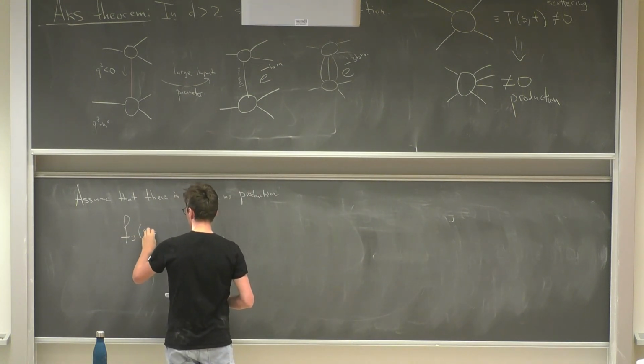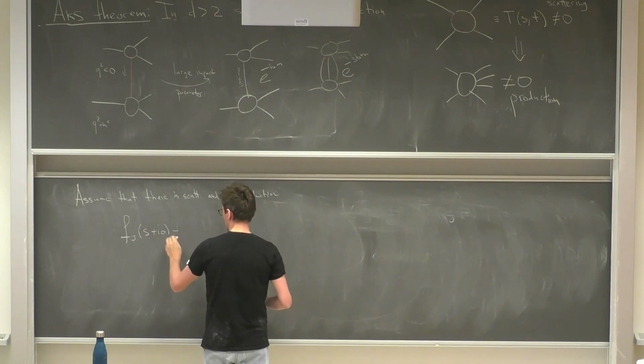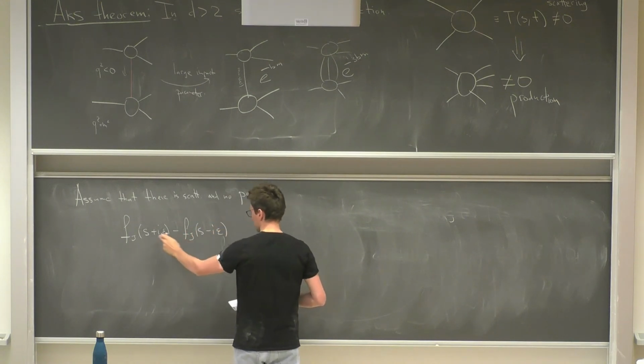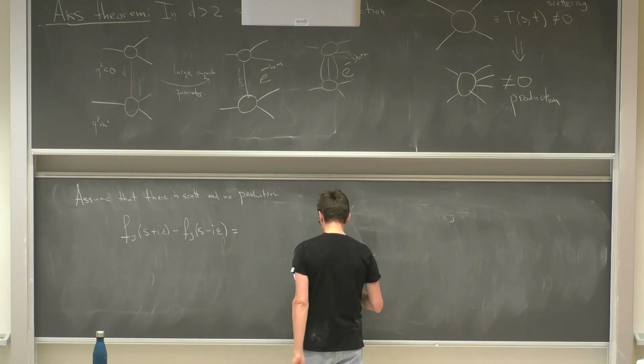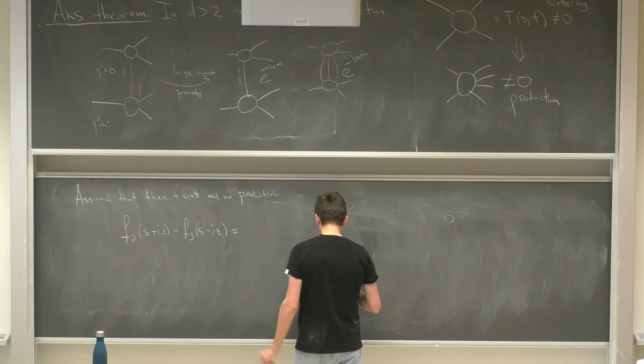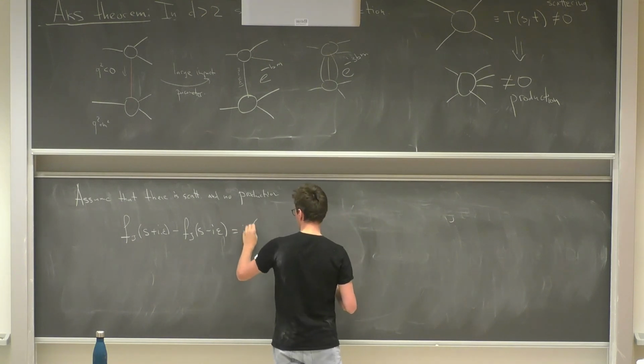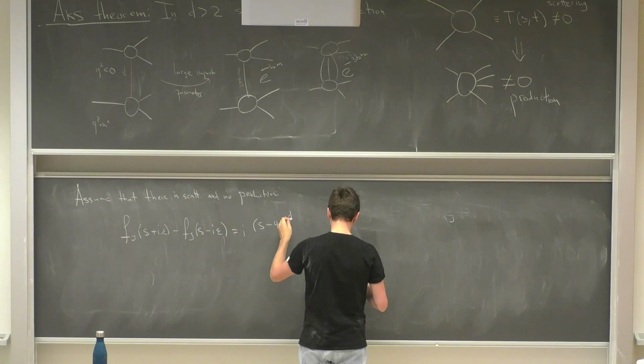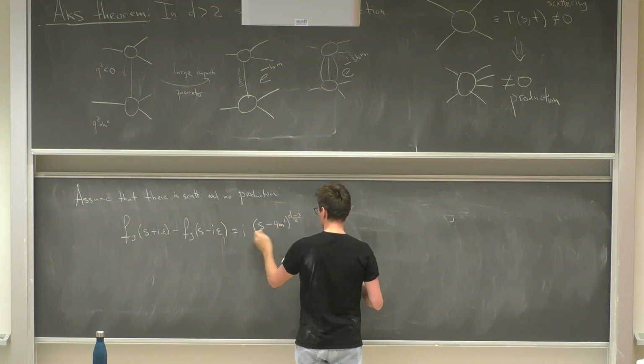Before we wrote it as an imaginary part of F. Now I'm writing it a little bit differently, explicitly taking this imaginary part here, the difference along the cut. And here we have d minus p over 2.